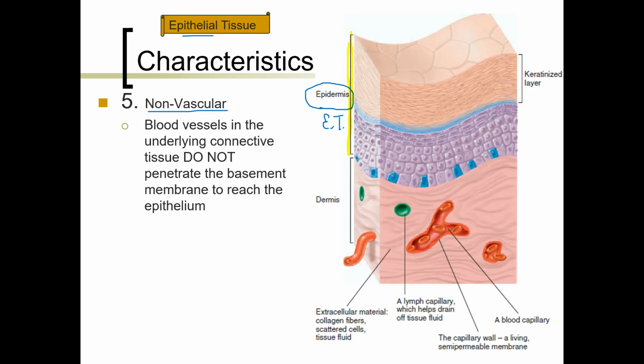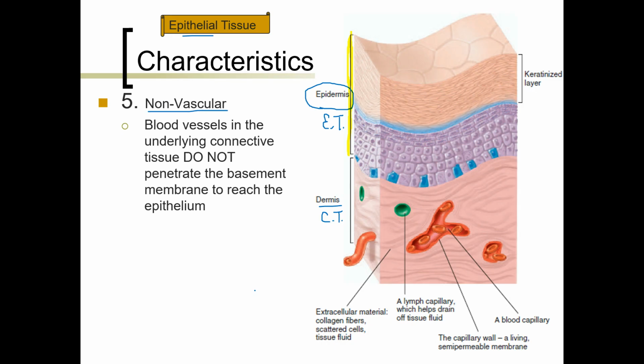All of that is epithelial tissue. One of the things you don't see are blood vessels in it. And even though it's stratified epithelial tissue, meaning it's made up of many layers, it's not just one layer, you can see that there's no blood vessels in that. Down below in the dermis, yes, you've got blood vessels because this is a type of connective tissue, so it's a different kind of tissue. But epithelial does not have blood vessels.